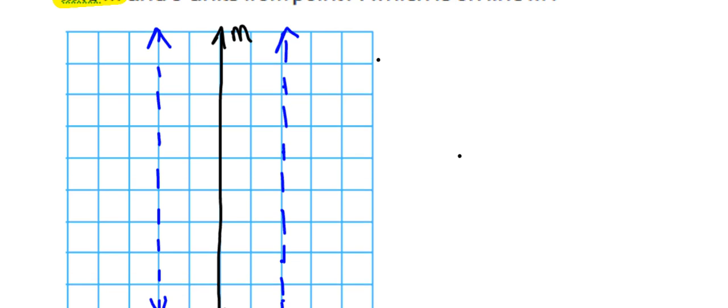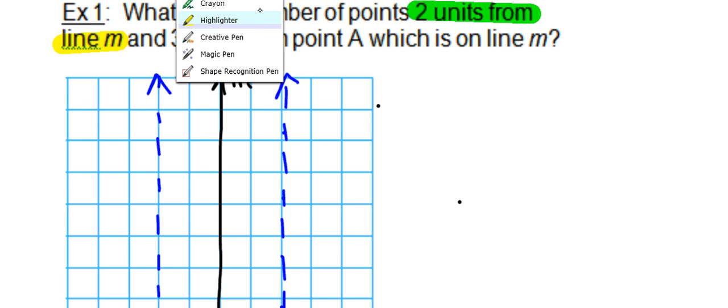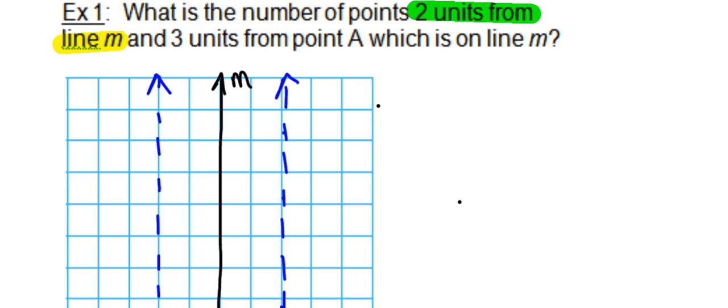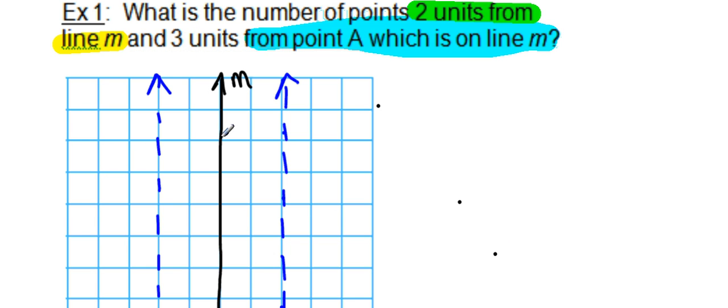My second condition is that I have to go ahead and have points that are 3 units away from point A, which is on line M. So there's my starting point for the second locus. I need to have some point A that's on line M. It doesn't say where that point is, so I can go ahead and put that point anywhere.